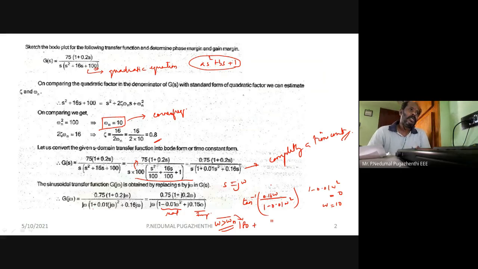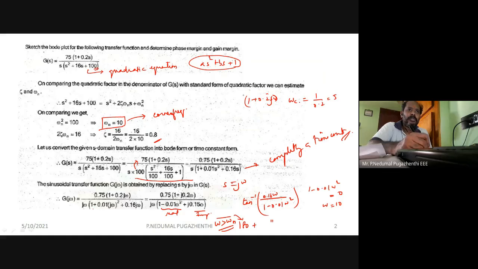Let us go step by step. The first thing is we have converted that into a sinusoidal transfer function. We have found out the corner frequencies. One of the corner frequencies is available from 1 + 0.2s, or 1 + 0.2jω. So ωc equals 1 by 0.2, which is equal to 5 radians per second.